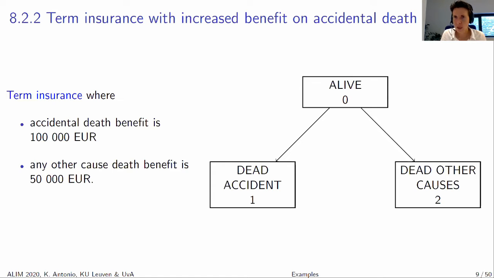This is a multi-state model. We will also call it a multiple decrement model because it's in fact a setting where you have one starting state and you just look at different exit states. These are the only transitions that are possible in this framework. So that's an example of a multi-state model.